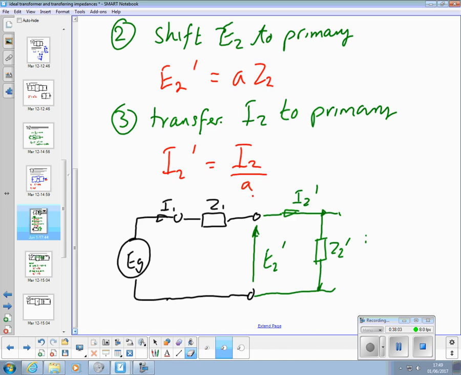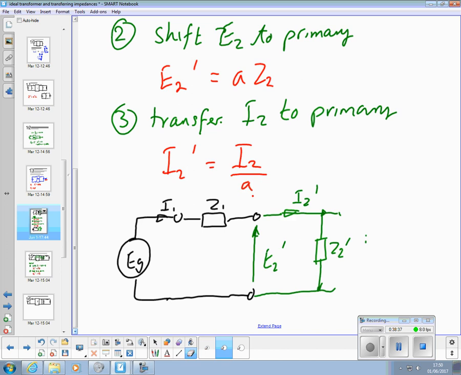I1 and I2 dash in that circuit are exactly the same. They must be. There's one series circuit round there. So if we find out that the current flowing there is 5 amps, we then move that formula around, and we can transfer it back to the other side and find out what the secondary current is. That's better shown with an example, really.